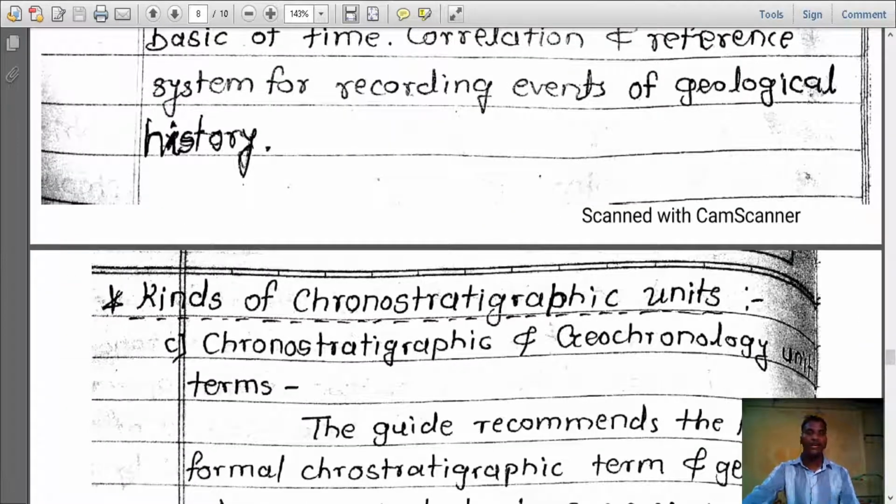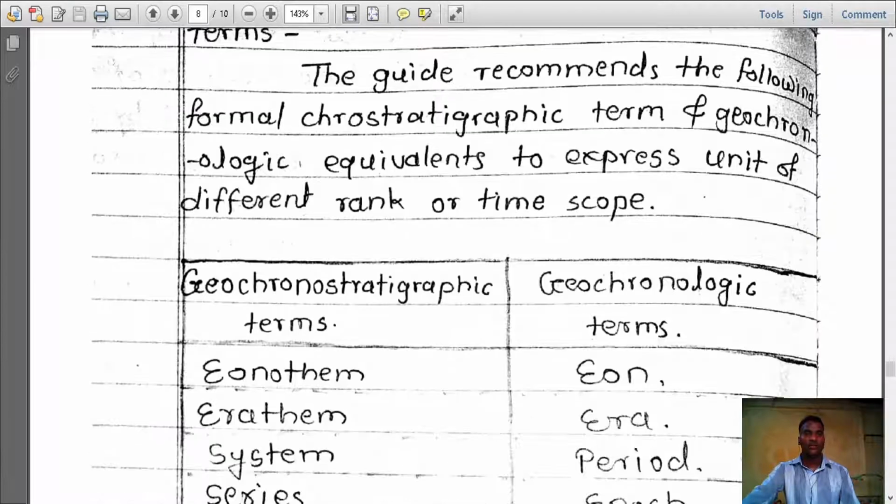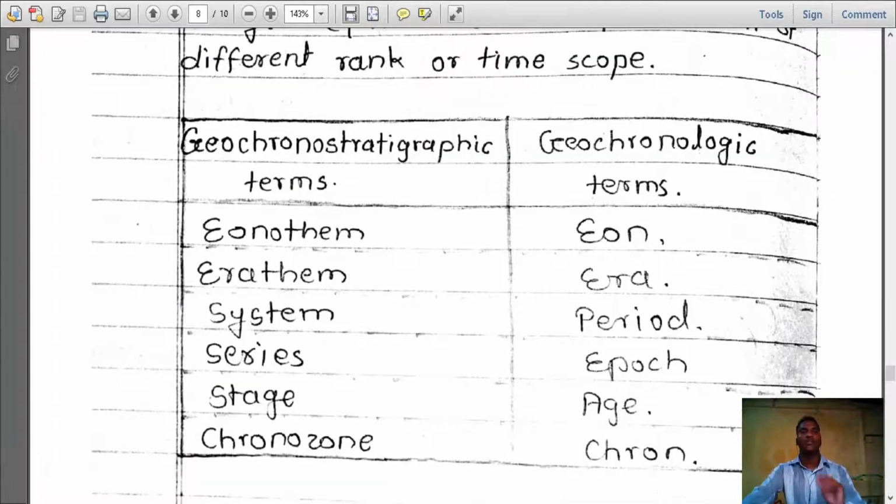There are different kinds of chronostratigraphic units. The geochronostratigraphic terms are eonothem, and the equivalent geochronologic term is eon.